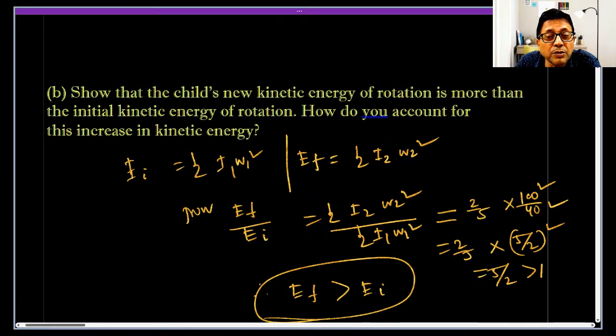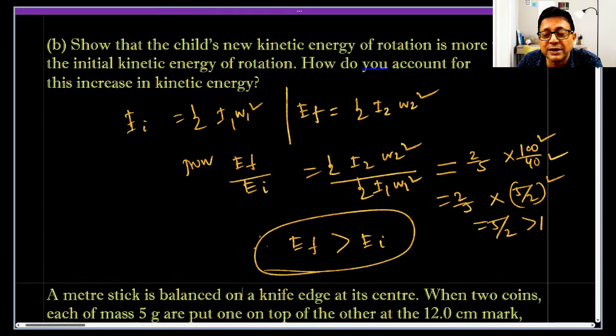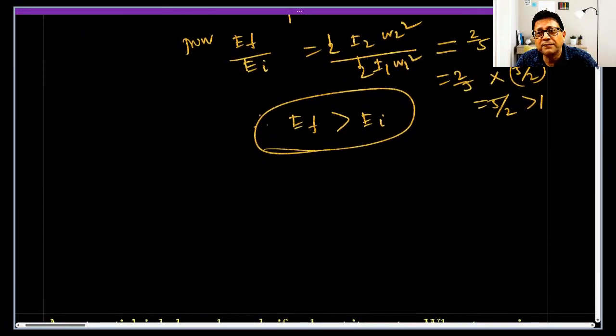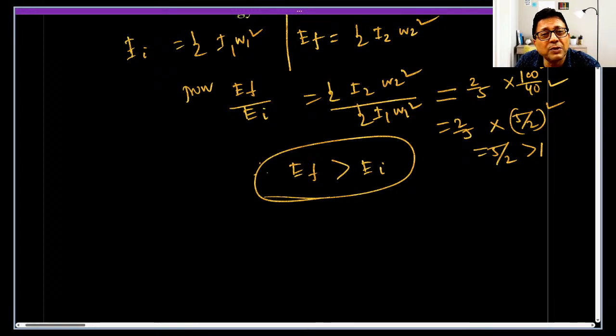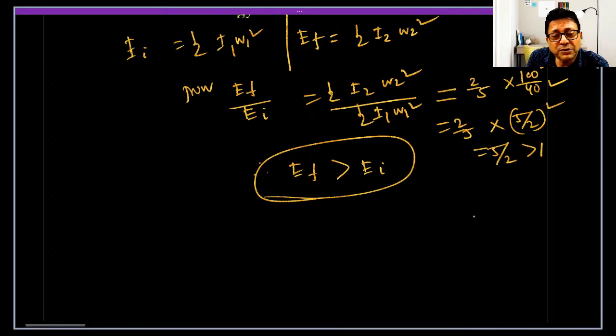Then they have asked you to find how to account for the increase in kinetic energy. Very easy. Because EF you got, EF is how much? 5 by 2 EI.